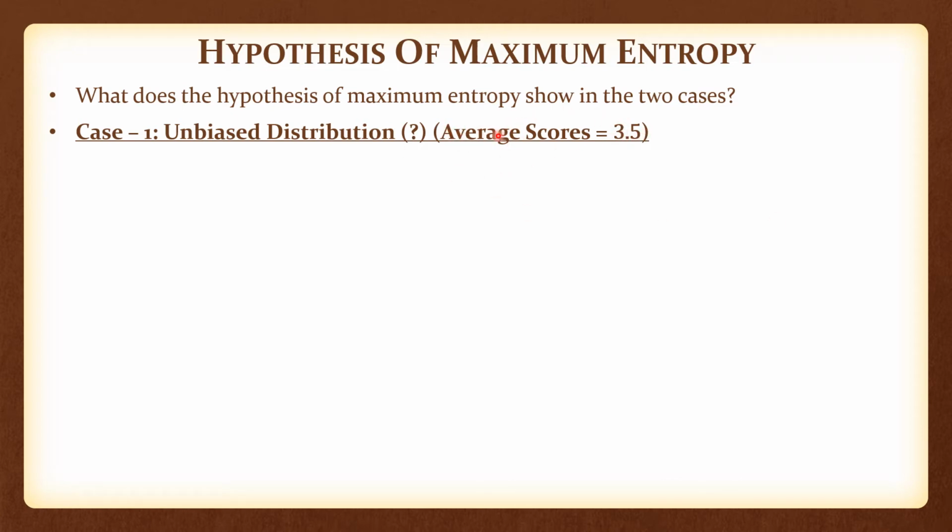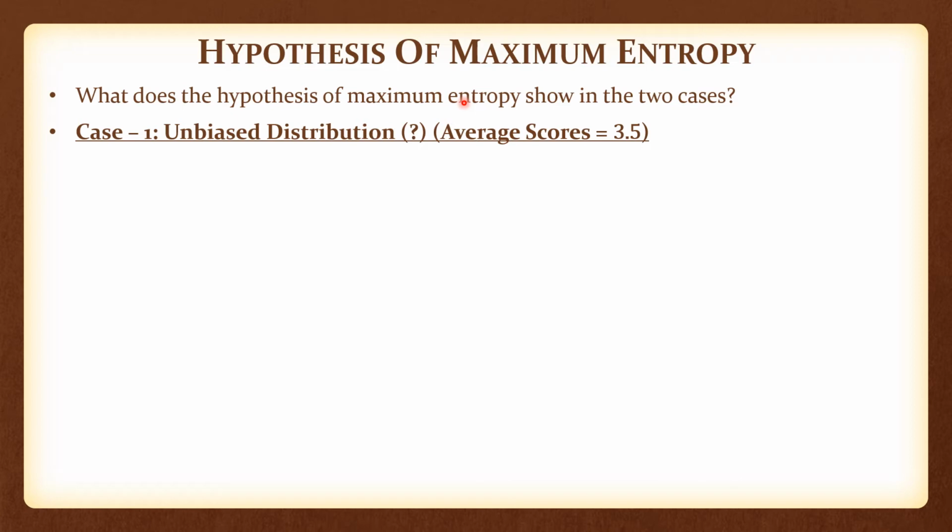Severely underdetermined system. I only know one number. Right? But this average score is 3.5, which corresponds to possibly, hopefully, an unbiased distribution. Let us see, if the average score is 3.5, from our previous analysis we said that the rest state, the equilibrium state of a thermodynamic system, corresponds to its maximum entropy or maximum multiplicity, and we have the formula for entropy being either Kb ln W or sigma Pi ln Pi.